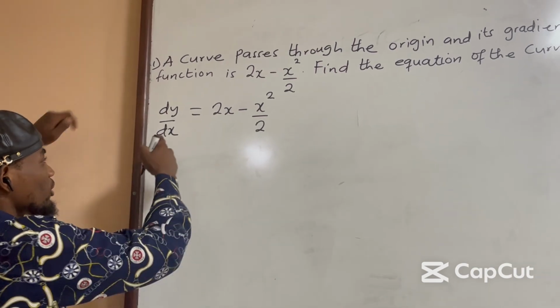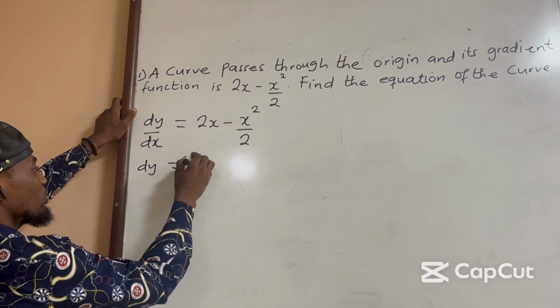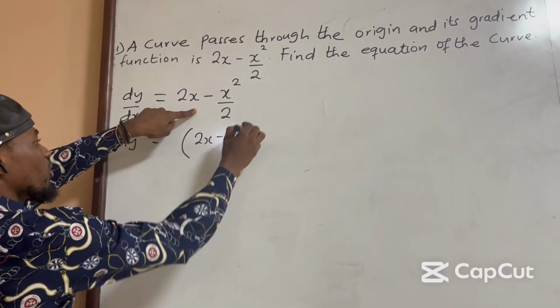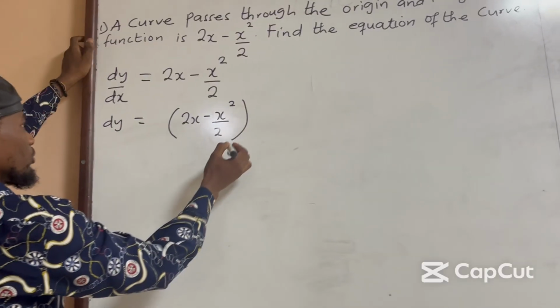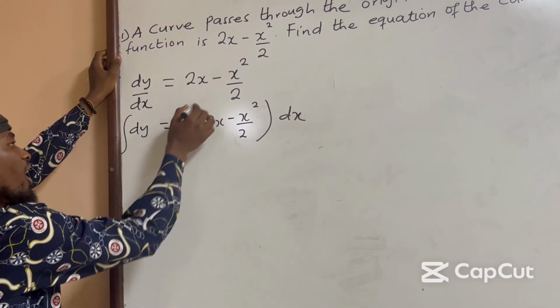Gradient is the same as dy over dx. So this is the same as dy equal to 2x minus x squared over 2 times dx. We take the integral of both sides.